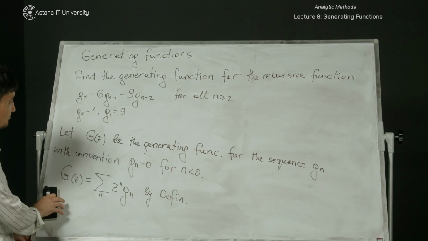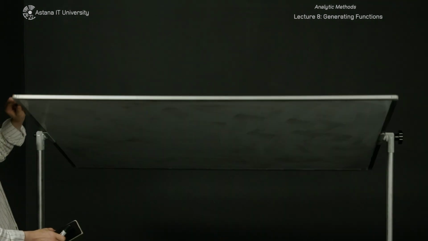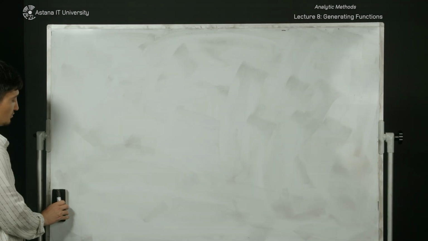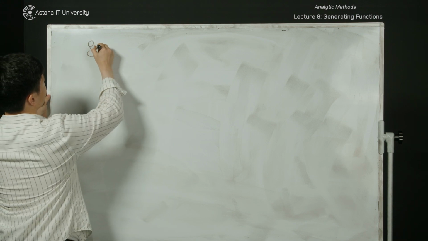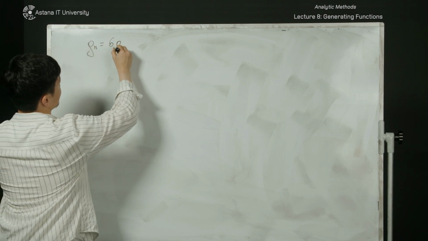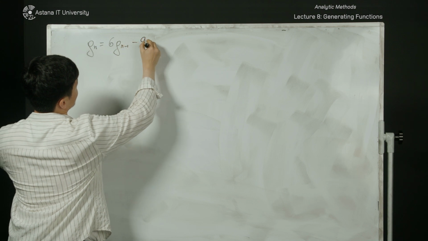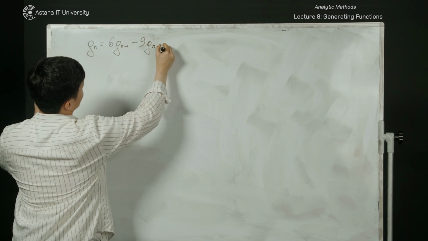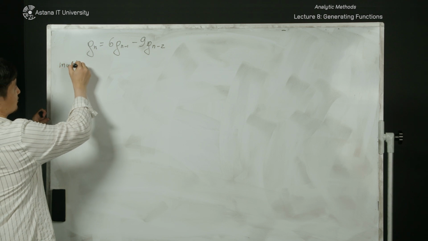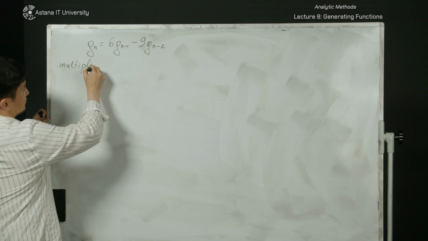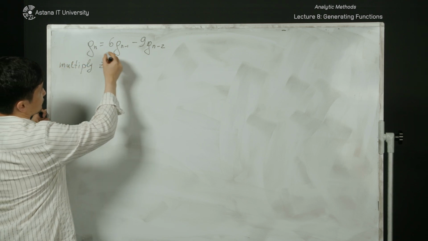Now I have my function, g_n equals 6 times g_{n-1} minus 9 times g_{n-2}. So multiply by z to the power of n on both sides.